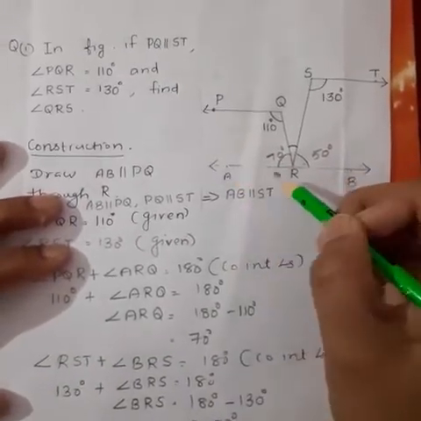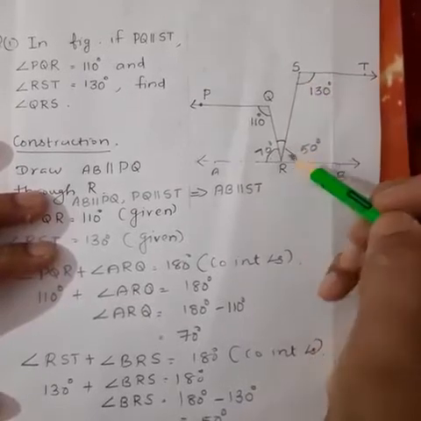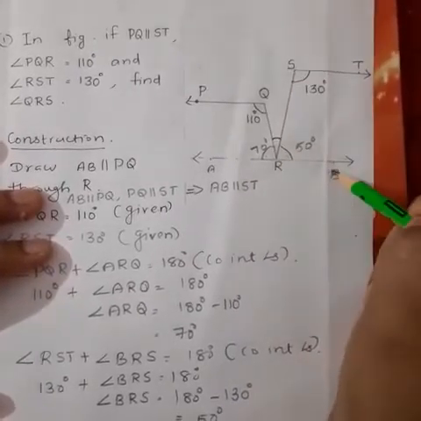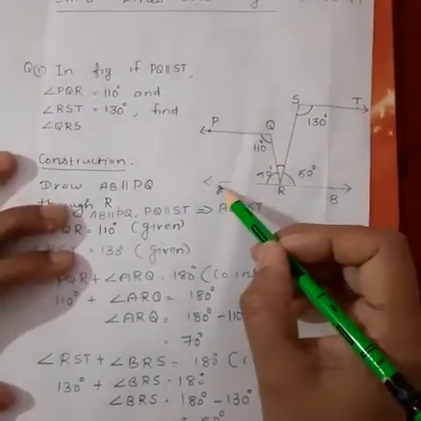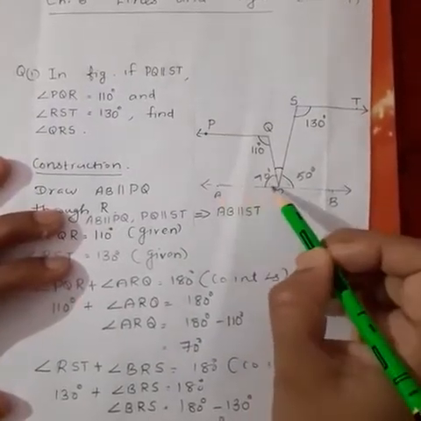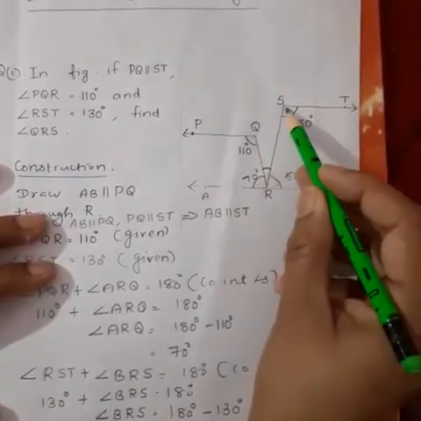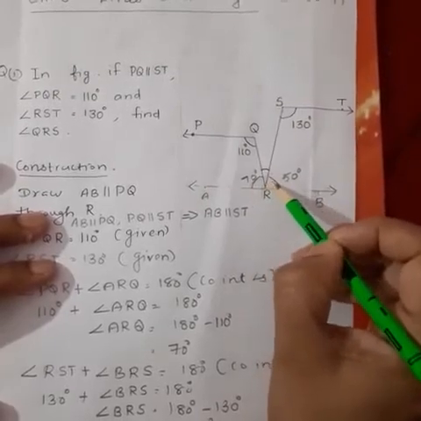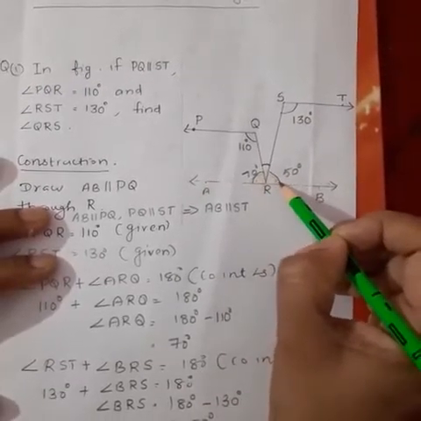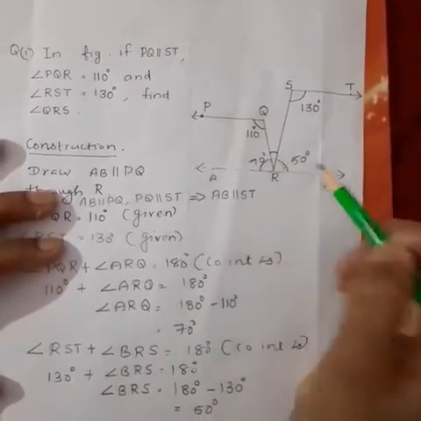Now angle ARQ, angle QRS and angle BRS, these three angles are on a straight line. The sum of these angles should be equal to 180 degrees.